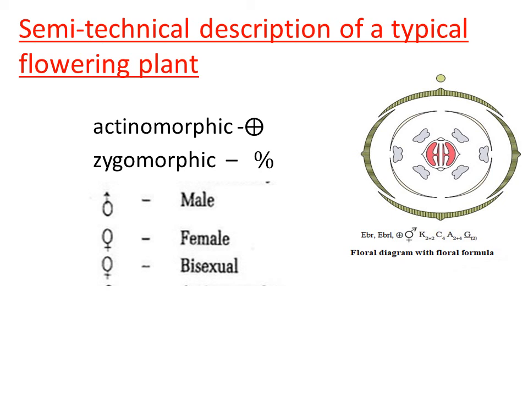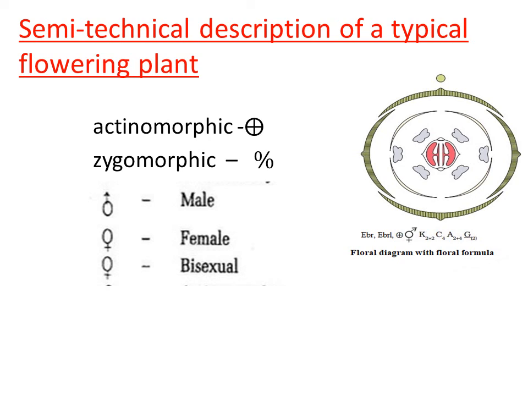The floral formula is written like this. The plus symbol within the circle represents actinomorphic symmetry, so the symmetry of the flower is actinomorphic. Then the flower is bisexual, so the bisexual symbol is used.